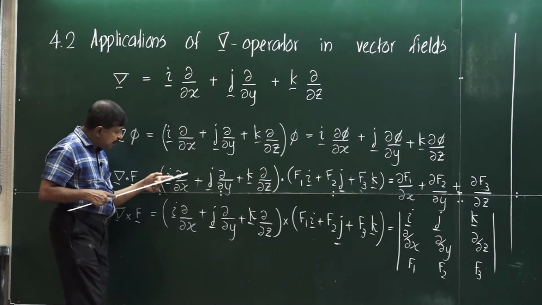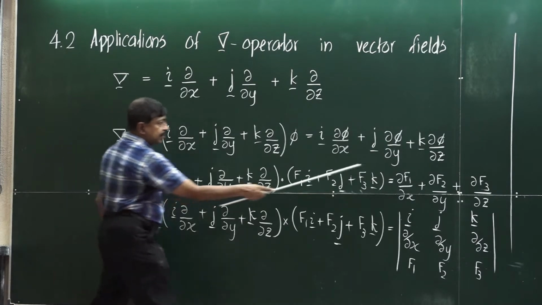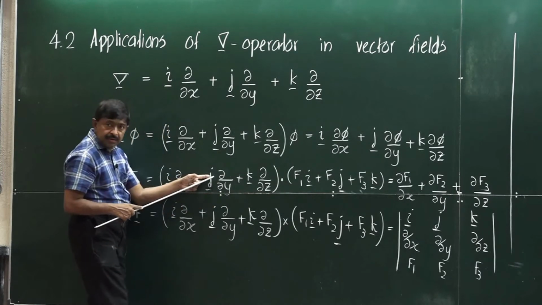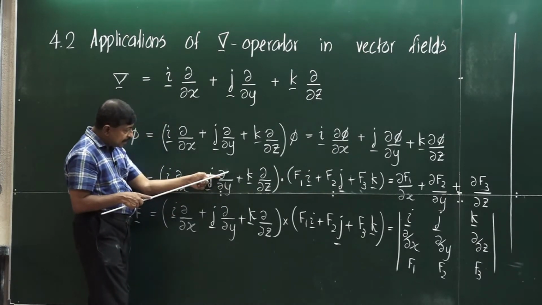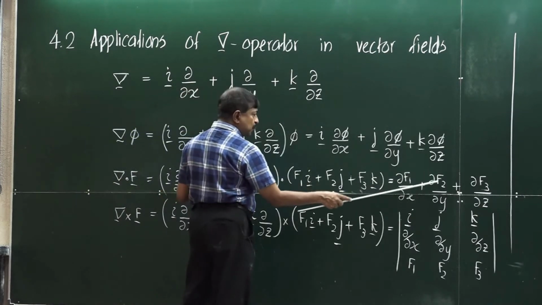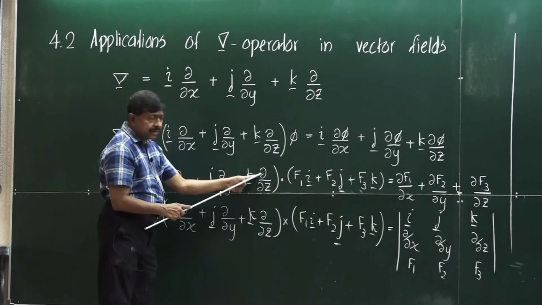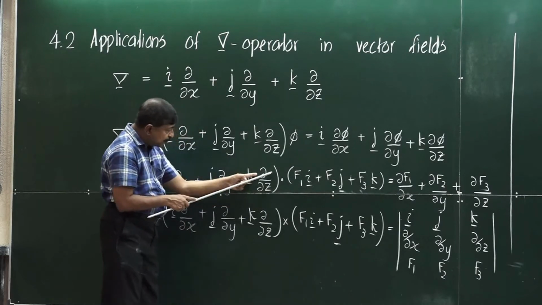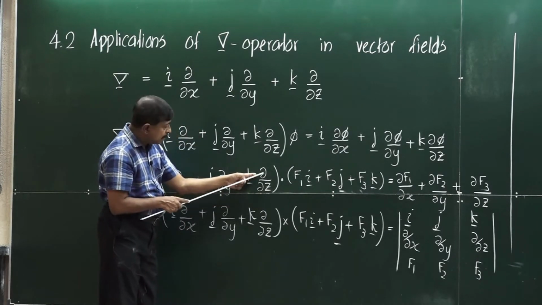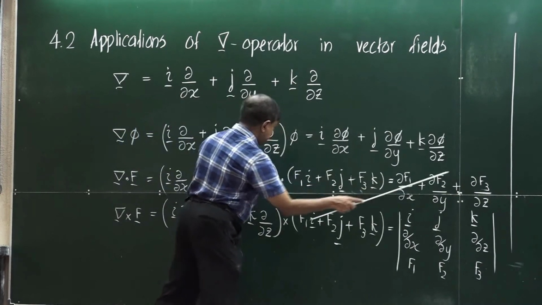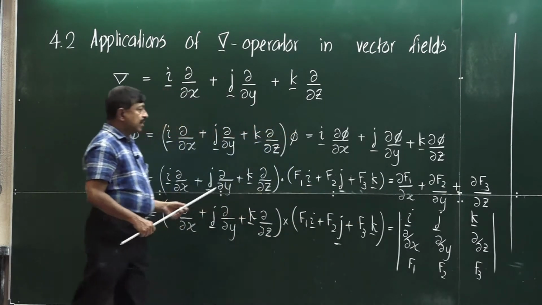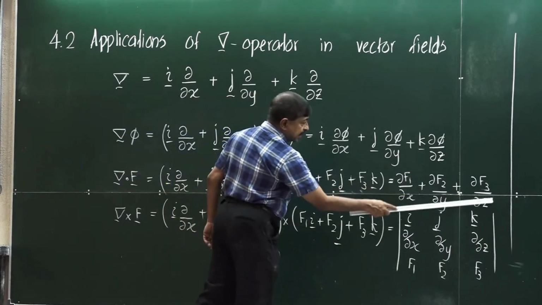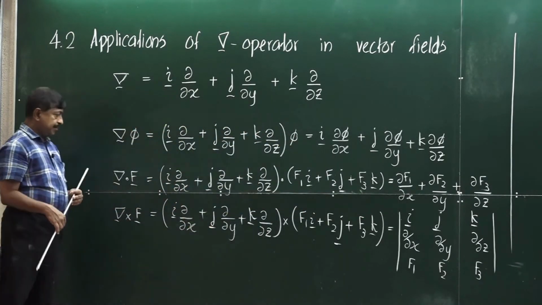So, you have partial F1 over partial x. Similarly, j dot j is 1, and F2 falls here, so you have partial F2 over partial y. In the third case, k dot k is 1, and F3 falls into this trap, so you have partial F3 over partial z. It can be noted that this is a scalar.